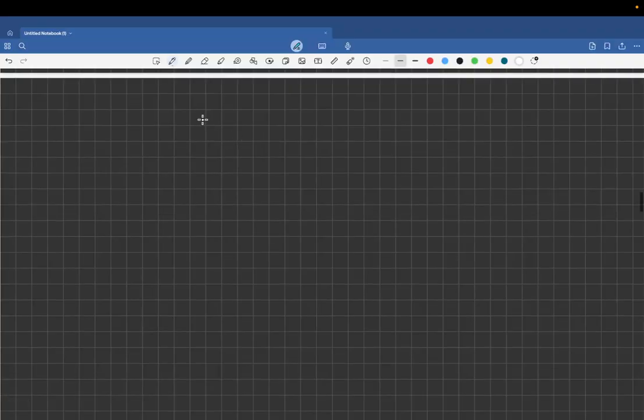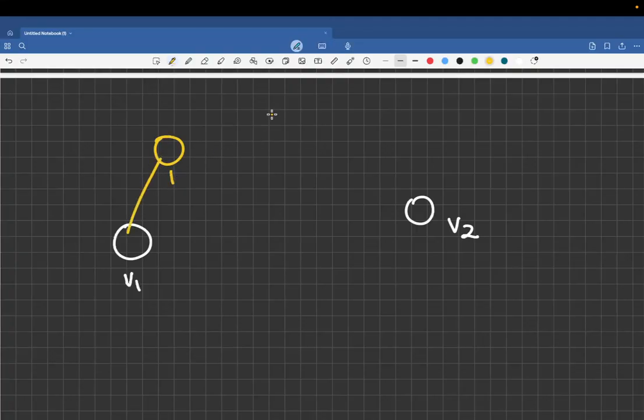So in the Floyd-Warshall algorithm, let's suppose this is a particular node V1 and this is a particular node V2. Now, from V1 to V2, if you want to calculate a minimum distance, there can be multiple intermediate nodes, right? There can be node 1 via which you are passing, node 2, node 3.